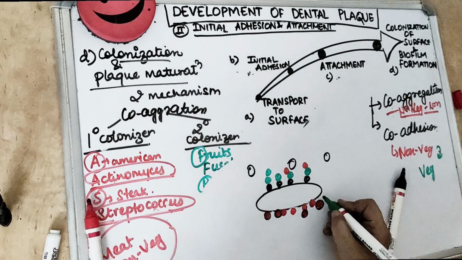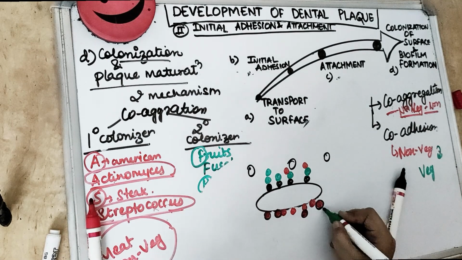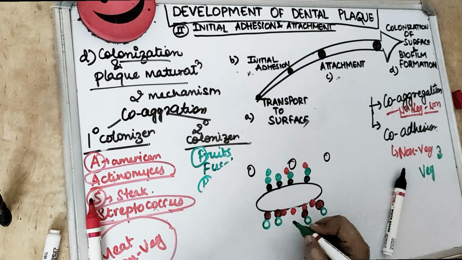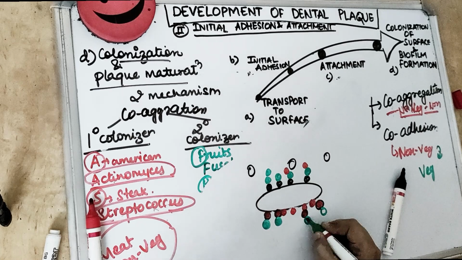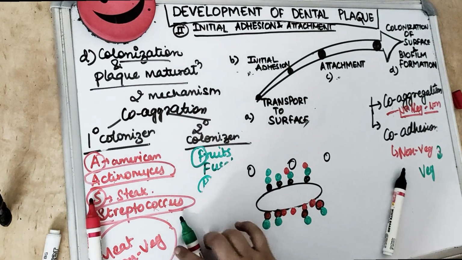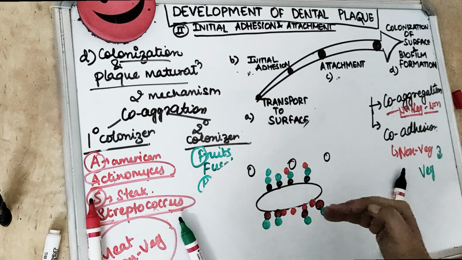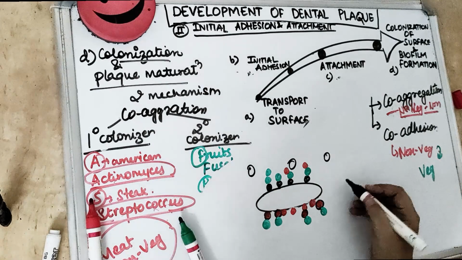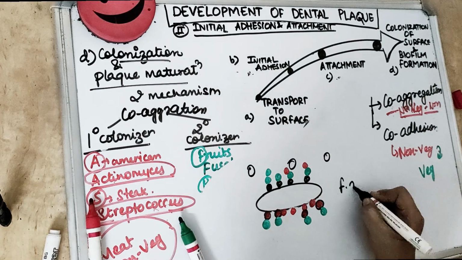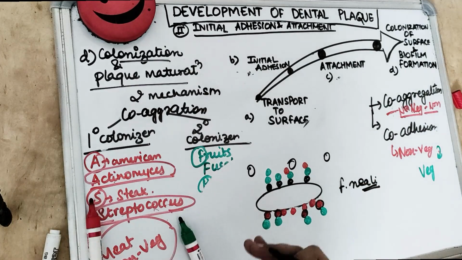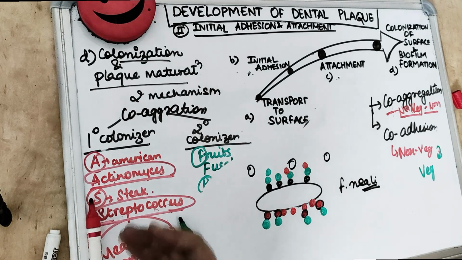Co-adhesion is, it cannot directly attach to the surface, but it has to attach to the people who eat non-veg, because it is not eating non-veg, so there is no direct contact. It cannot directly attach onto the surface, but it can attach to the other bacteria. For example, F. nucleatum can attach to many bacteria. It cannot directly attach to the surface, but it can attach to Streptococcus, and to A. comitans.